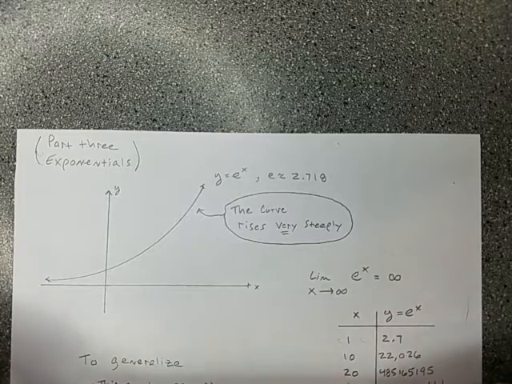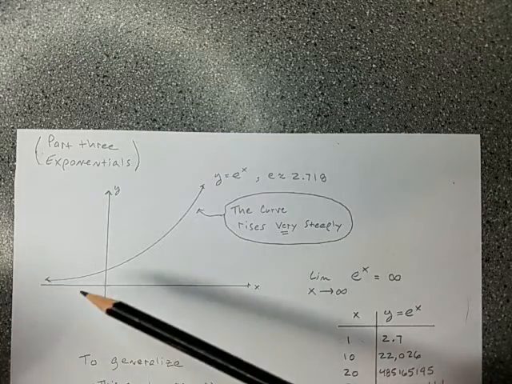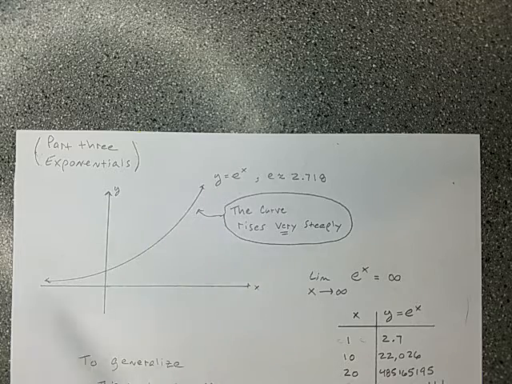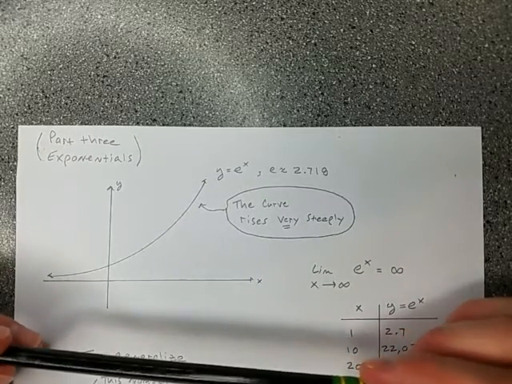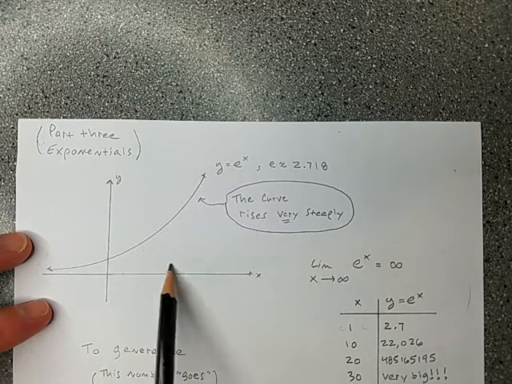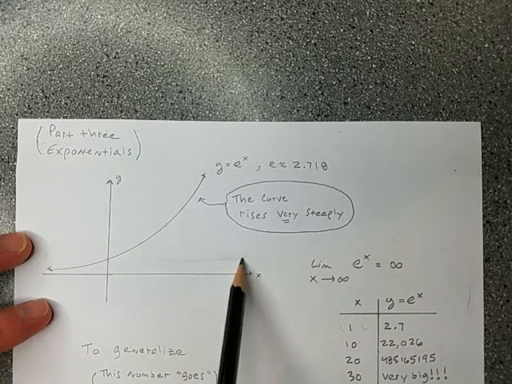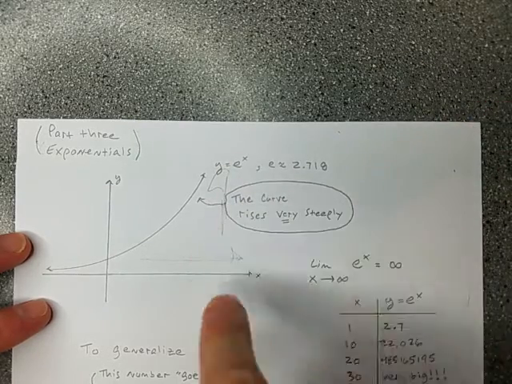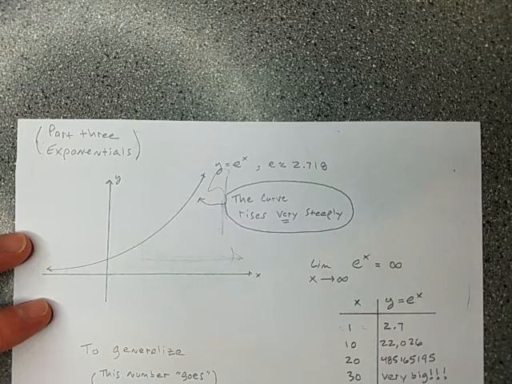It's not so steep here, but at one point it really takes off. I think it's obvious that if x goes this way, y is definitely going that way. y is going to go to infinity. e to the x will go to infinity.